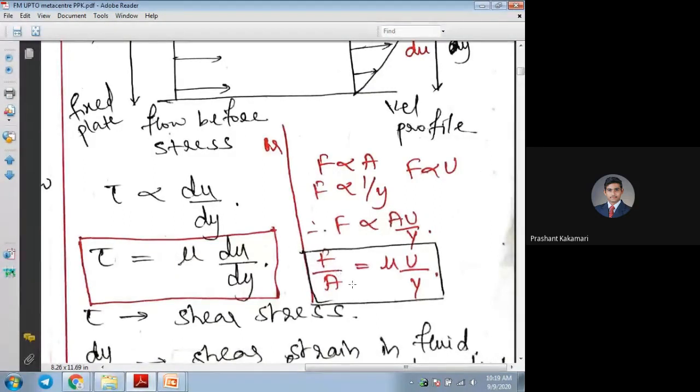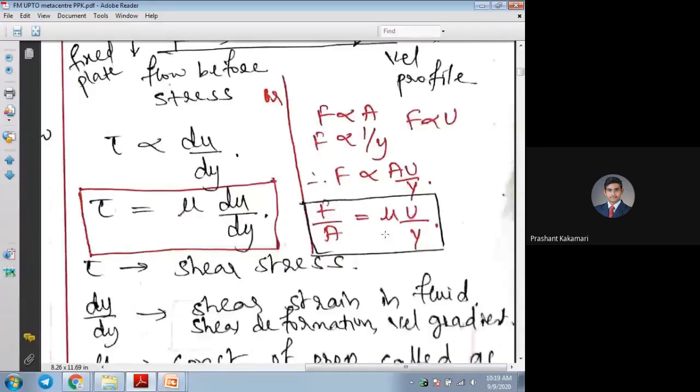Now force by area is nothing but the pressure or stress, equal to mu. What is mu? To make it an equal sign, it is the constant of proportionality. Mu we have taken, times u by y. So either you can find the viscosity by this relation or by this relation, depending on the given data in the problem.